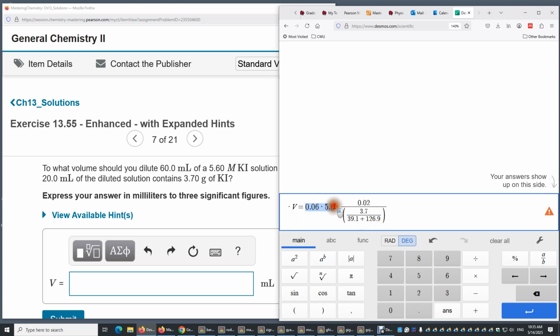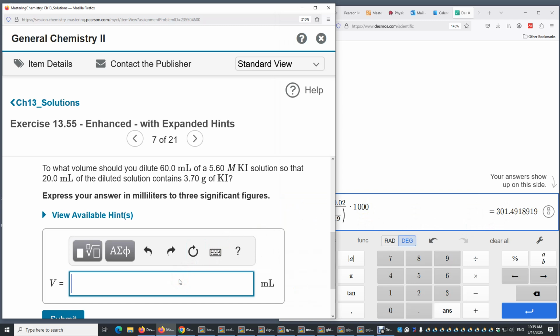Alright. Now we have the volume. This volume is in liters. We'll have 0.3 liters. To convert it to milliliters, we need to multiply the value in liters by 1,000. So it's going to be 301 milliliters.